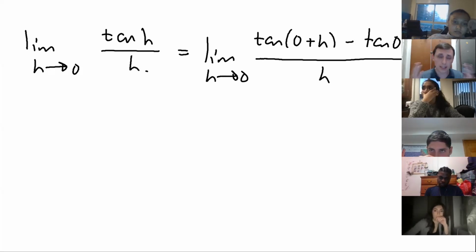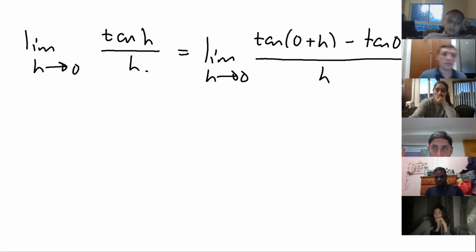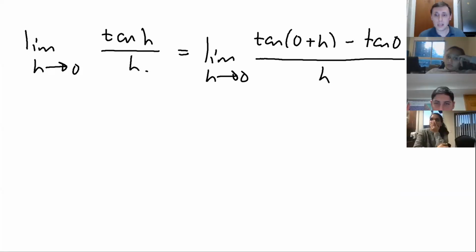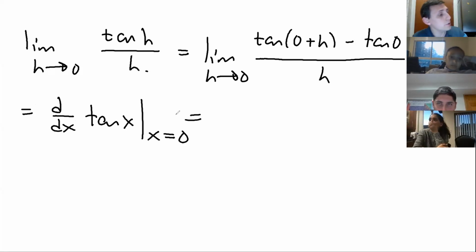If you get that type of vision, almost all of the problems in this type of subject become trivial. If you open the book, those exercises are the same exercise, repeated thousands of times. So this is simply the derivative of tangent, where x is 0. And what's the derivative of tangent?